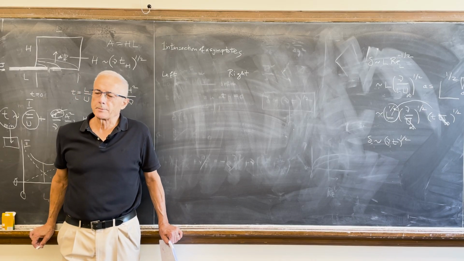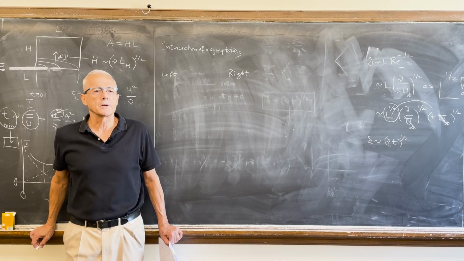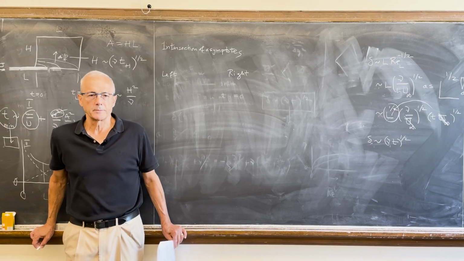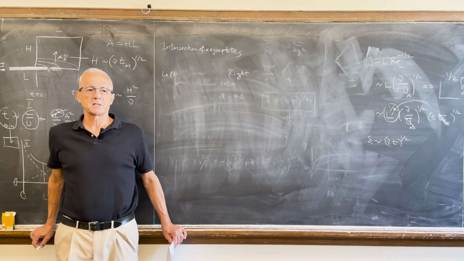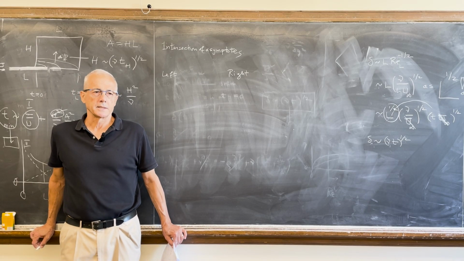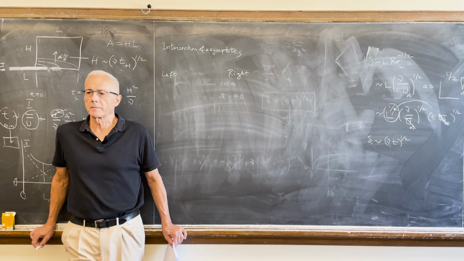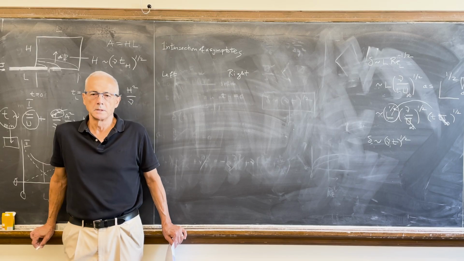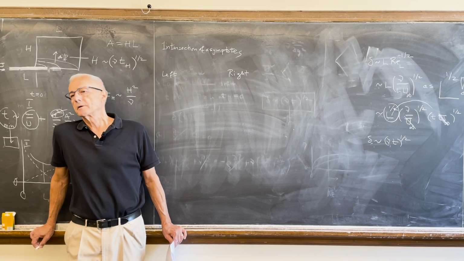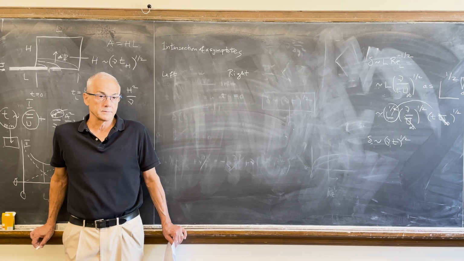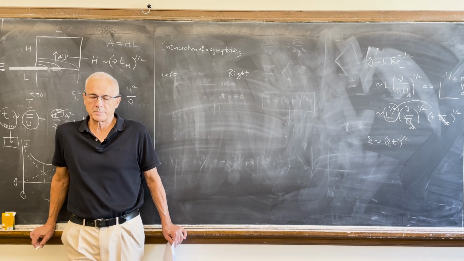I'll mention one example in thermodynamics. At the undergraduate level, at the back of the book, you have steam tables. And the steam tables put there the properties of liquid, and then the rest of the properties of steam or vapor.